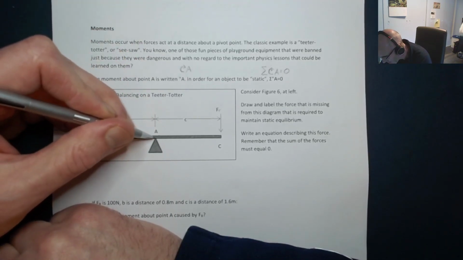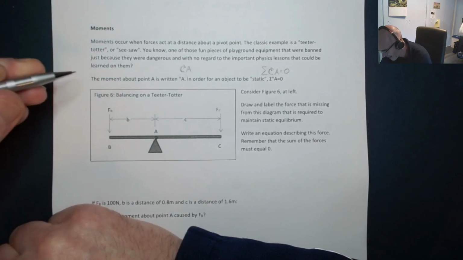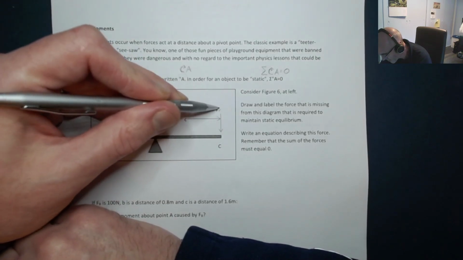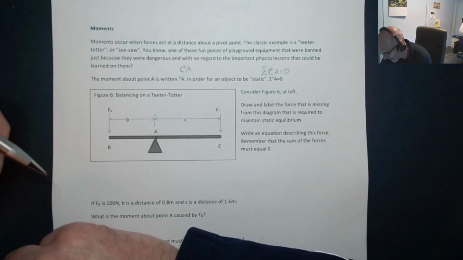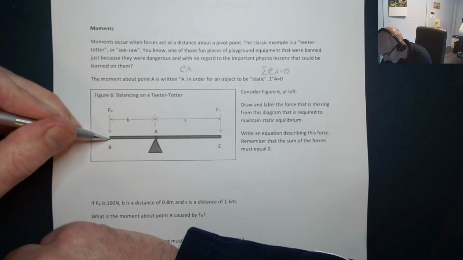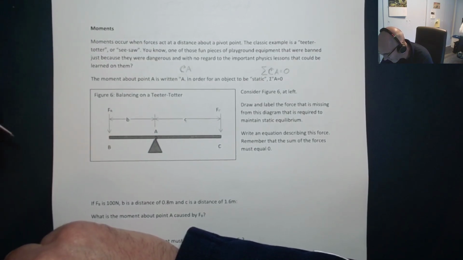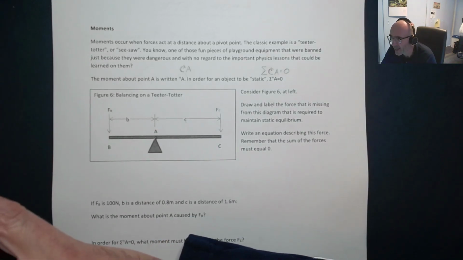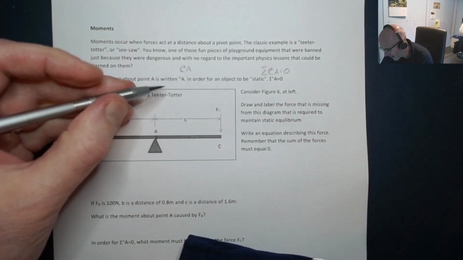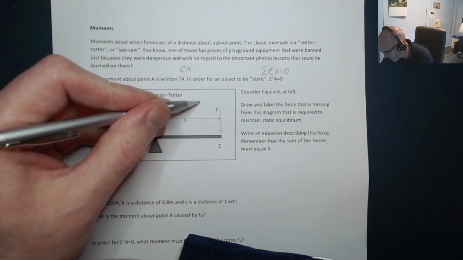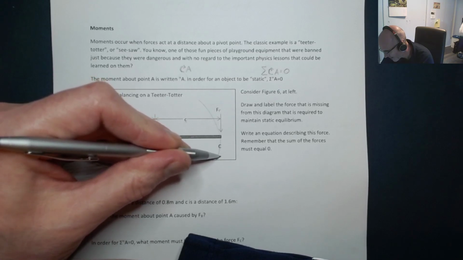Okay, so here's our point right here at A, and I've got force C acting at a distance of C on point C, and here's point B. We've got force B acting at a distance of B. Now you've got a couple ways to keep track of these things because we are going to have a positive moment acting out this way.